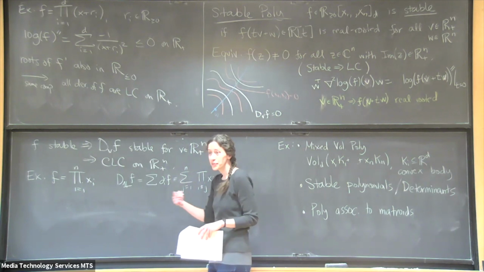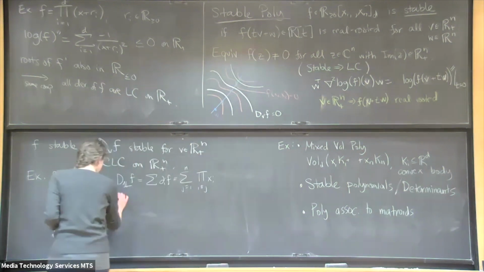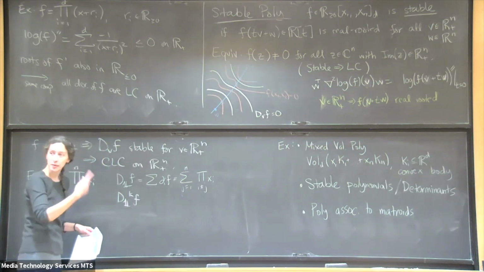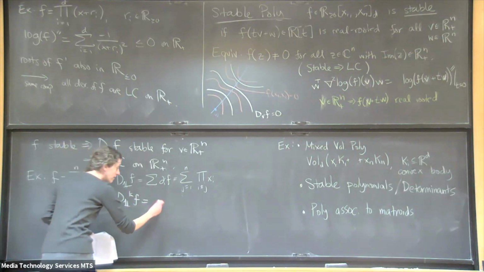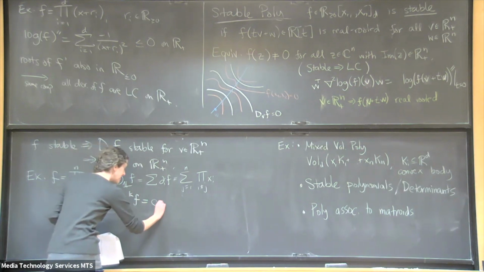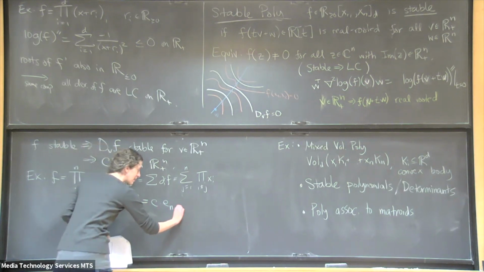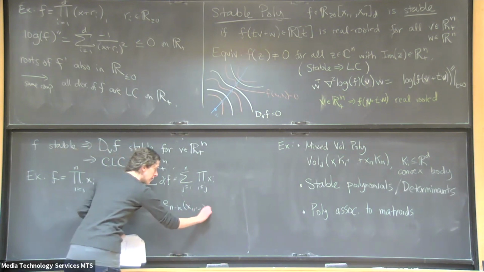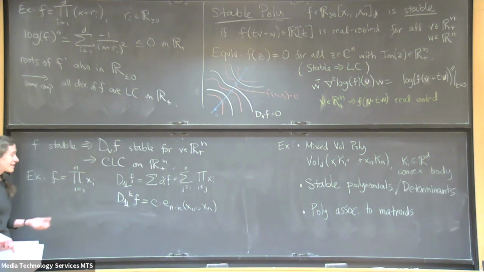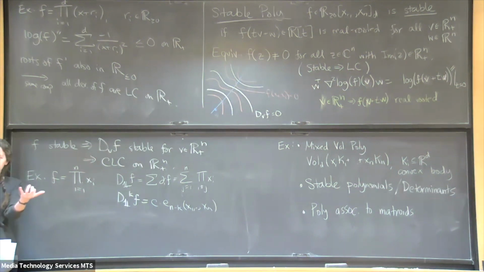And I could keep taking derivatives, and we'll keep getting a stable polynomial. In fact, all of the elementary symmetric polynomials are stable. Up to a constant, this is going to be the n minus k elementary symmetric polynomial, the sum over all of the square-free monomials of degree n minus k.